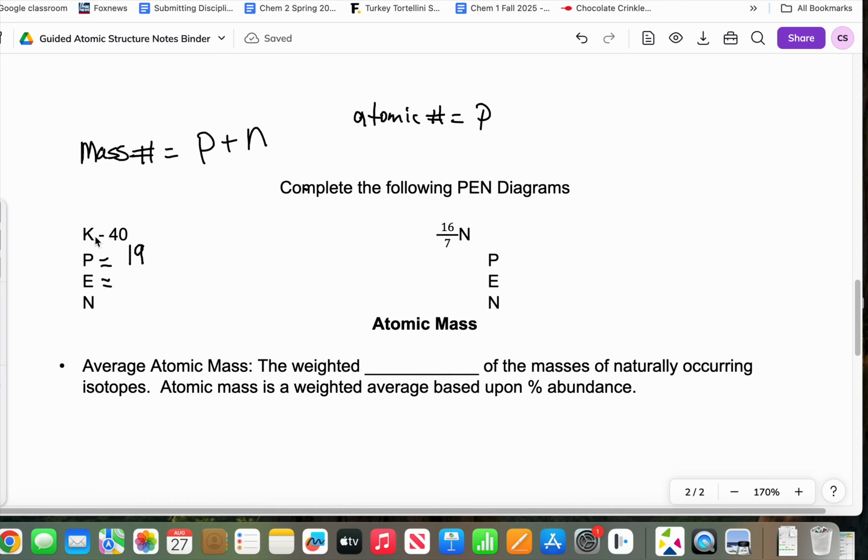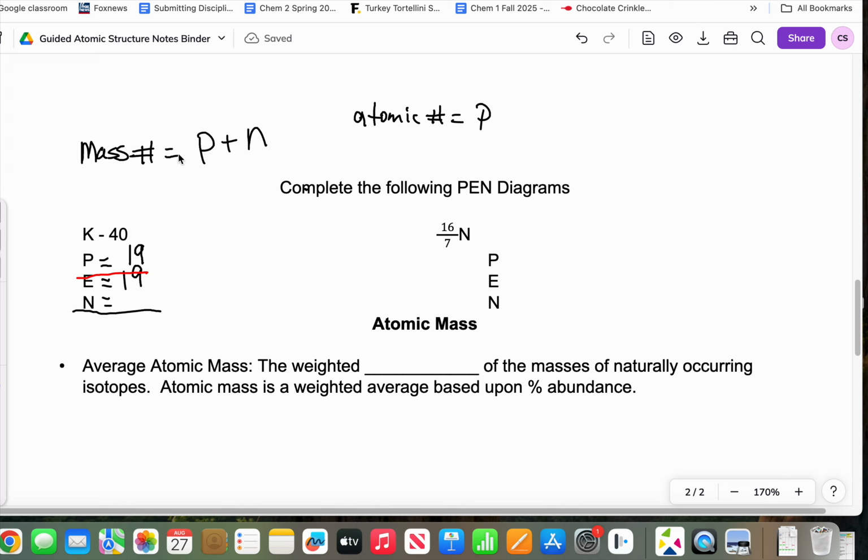The next thing is protons always equal electrons. So 19 and 19, they're the same. Now, to get the neutrons, here's what you got to do. What I like to think about is electrons don't matter when you figure out the neutrons, but protons do. So we're going to use this formula.